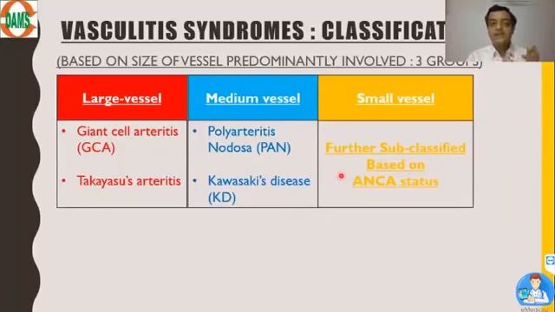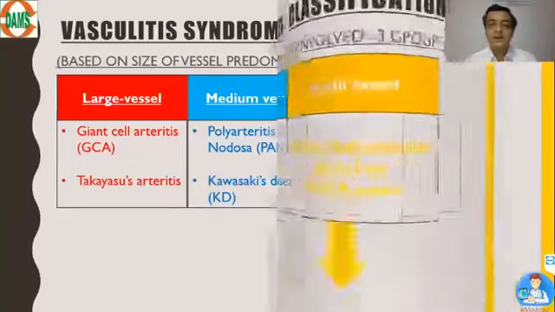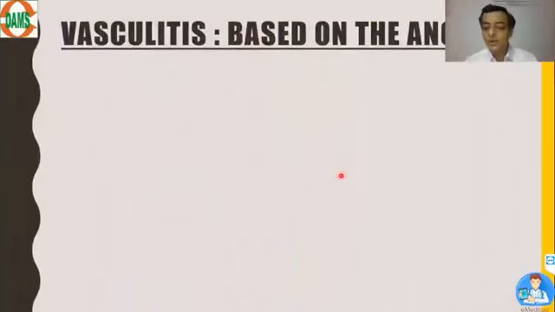Under medium vessel, one topic, PAN. And under small vessel disease, you continue this classification table based on ANCA status, into two.